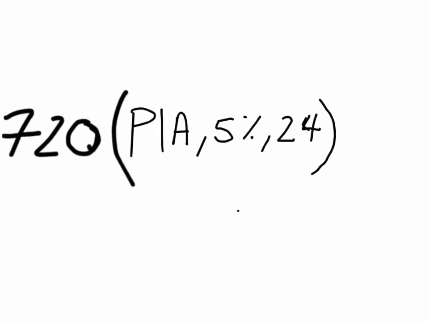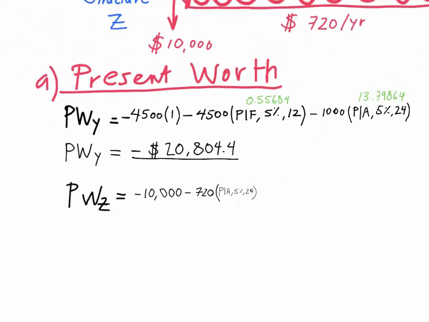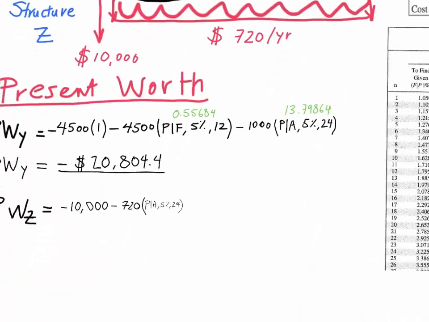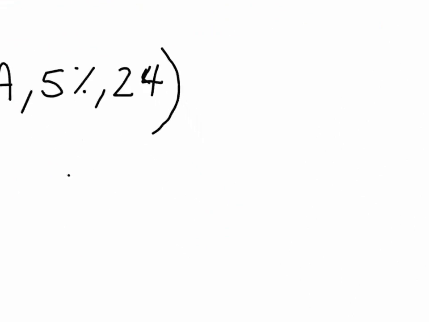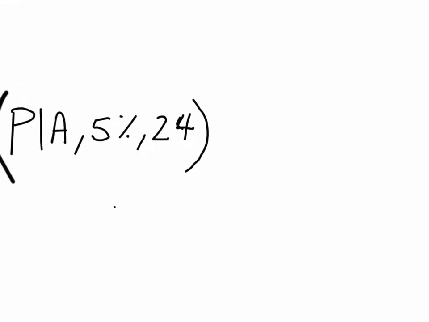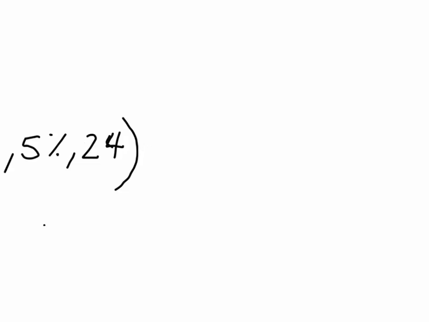So that's the second part of our formula here. This last part is the salvage value of 1800. And for that one, it is actually a positive value. So that one is plus 1800.